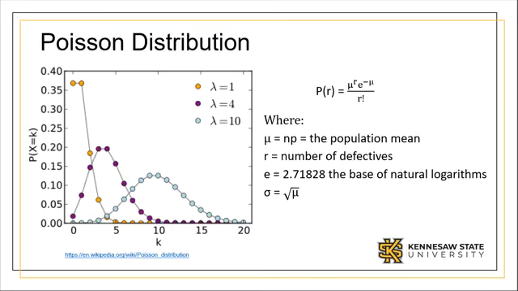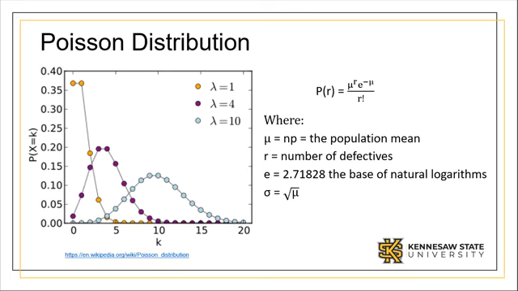The Poisson is another discrete distribution. It can be used to model a number of occurrences over a fixed interval of length, time, or area. For a random variable to be Poisson distributed, the probability of an occurrence in an interval must be proportional to the length of the interval, and the number of occurrences per interval must be independent.